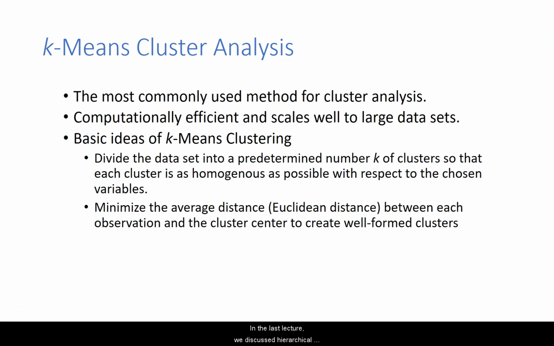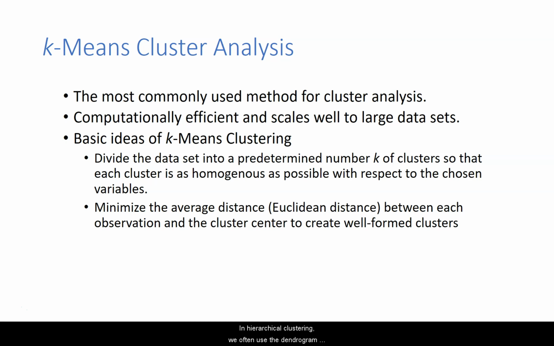In the last lecture, we discussed hierarchical clustering, where observations are sequentially grouped to create clusters. A useful graphic display for hierarchical clustering is called dendrogram, which is a tree-like diagram that summarizes the process of clustering.